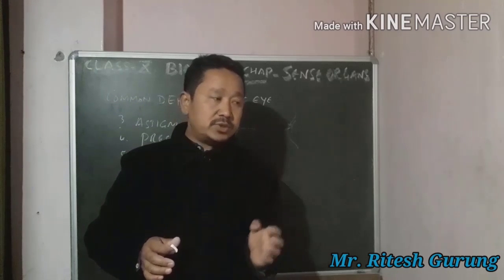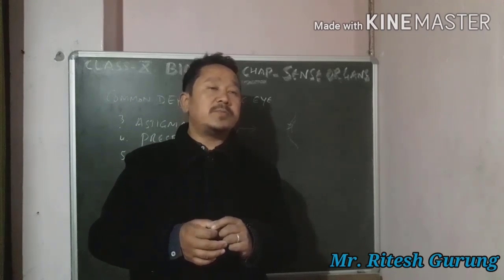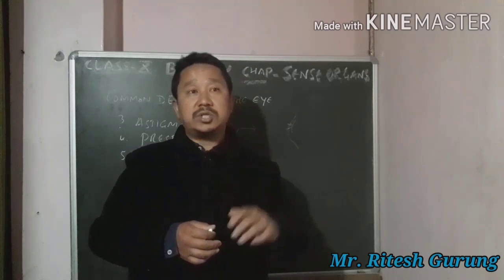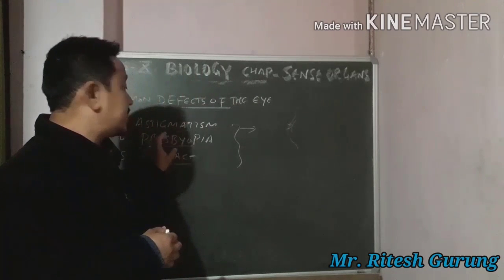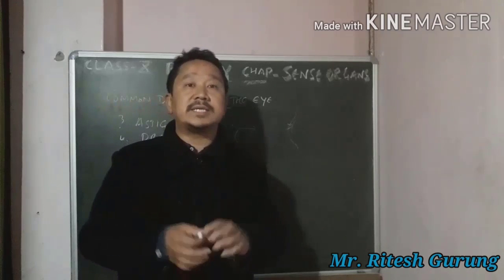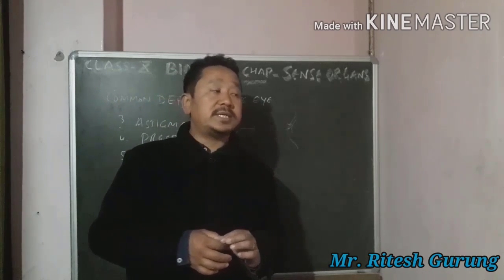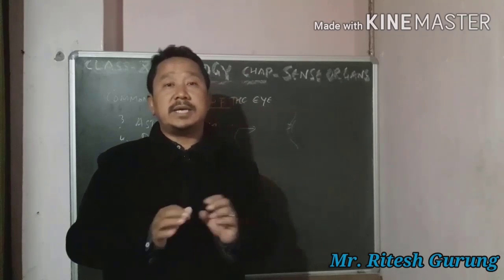But once you grow older, the flexibility of that lens is sometimes lost. Consequently, presbyopia takes place, where near objects are seen blurred. This can be corrected by wearing a convex lens again.